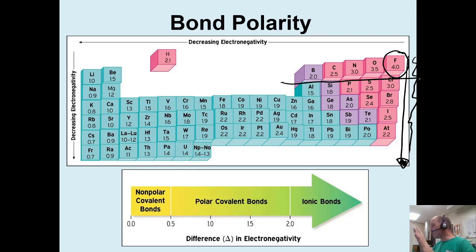This is again all review. This is listed as decrease towards the left, but you can also simply say that it increases towards fluorine. That's how you remember: fluorine is the highest. Everything increases towards it or decreases away from it, which means if you look at the carbon group, going down is going to be a decrease in electronegativity.